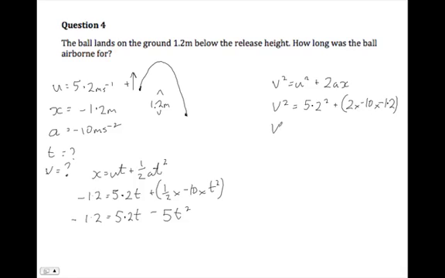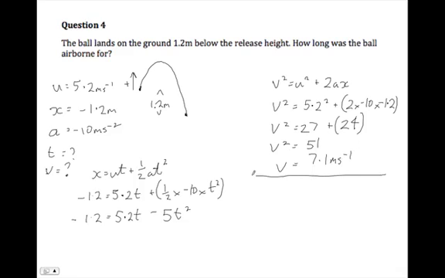Yep, v squared equals 27 plus, 2 times minus 10 is minus 20. Minus 20 times 1.2 is 24. So v squared equals 51. And so v is the square root of 51, which is 7.1 meters per second.